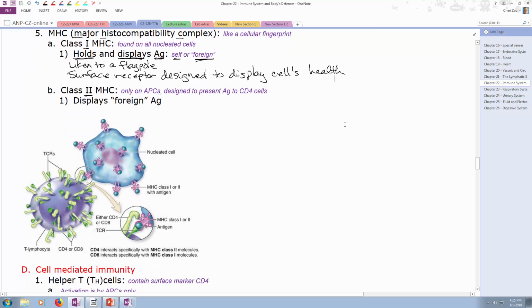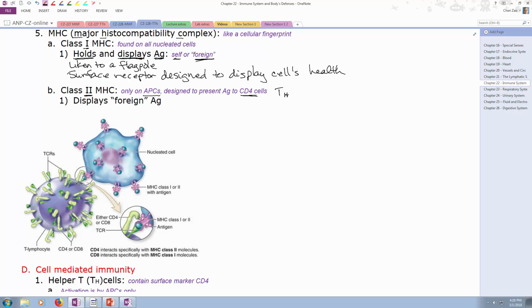Class 2 MHC is only on APCs, antigen-presenting cells. And the antigen that's on class 2 MHC is designed to be presented to CD4 cells. CD4 cells are helper cells. So these are T subscript H cells, helper cells, so CD4 cells.